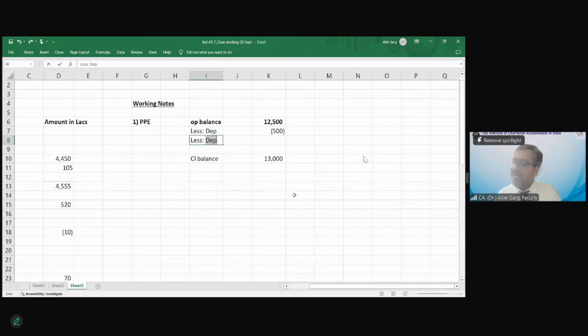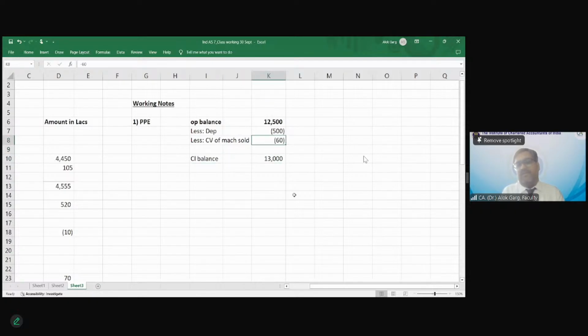It is written that the two machineries whose carrying value was 60 lakh was sold at 70 lakhs. So the carrying value of machinery sold has to be 60, right? With this, the carrying value has to go down.